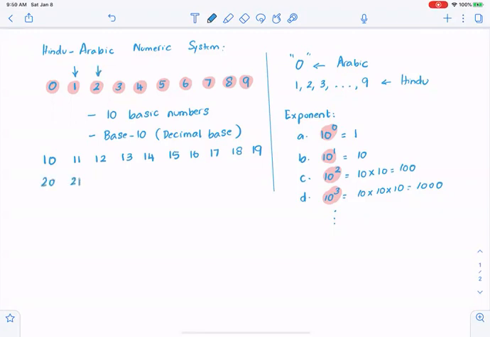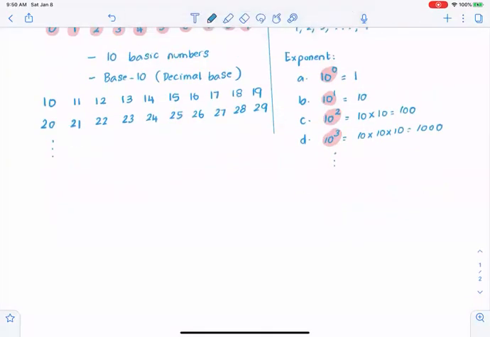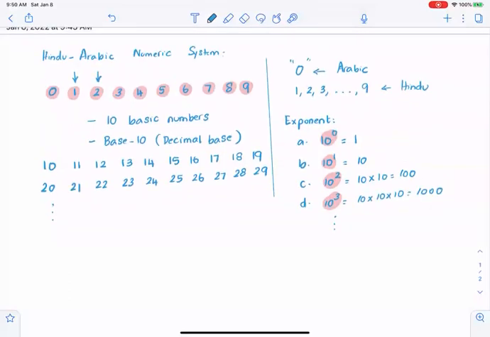So I have 20, 21, 22, 23, 24, 25, 26, 27, 28, and 29. The reason why I'm doing this with the Hindu-Arabic Numeric System is because this simple logic is applicable to pretty much any base. So if you can understand the process here, you can understand it for other bases.